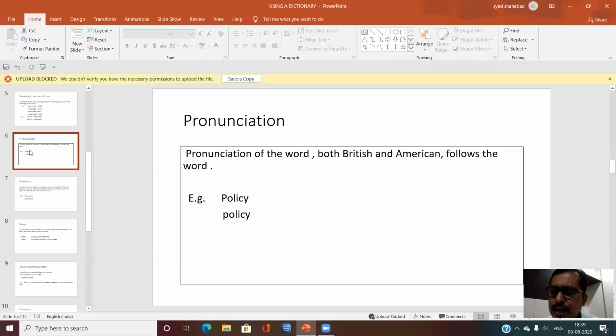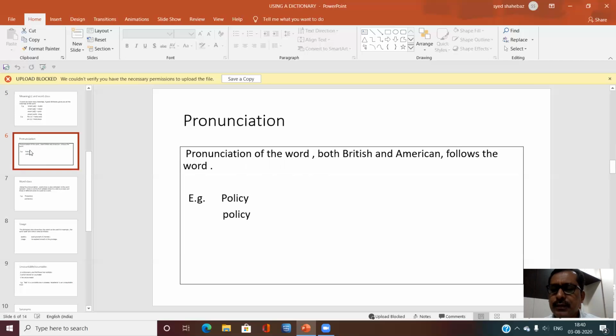They are mixed. Both sounds are mixed. That's why they are called diphthongs. So you have to learn these symbols, vowel symbols, consonant symbols, and diphthong symbols to understand the pronunciation in a dictionary.